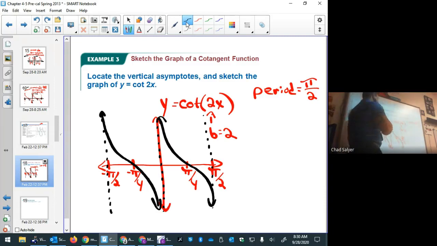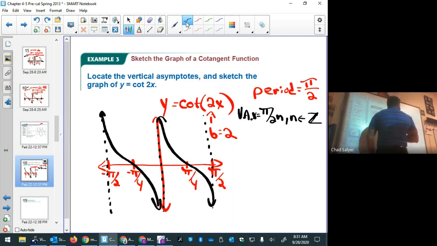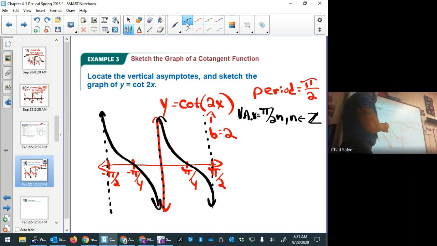So the vertical asymptotes are going to be pi over 2 n, where n is an element of the integers. So x equals pi over 2n, where n is an element of the integers.